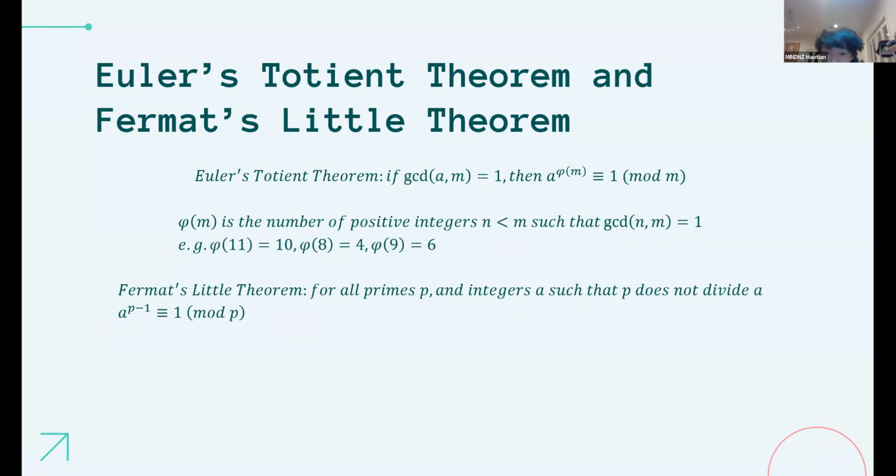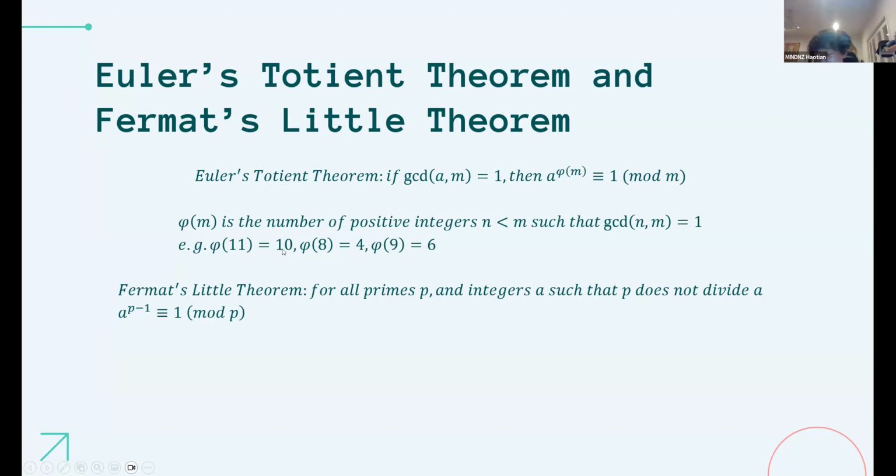So if the greatest common divisor of a and m is equal to 1, firstly we have to clarify what that function in the exponent means. It is the number of positive integers that have GCD 1 with that number. It's called phi.